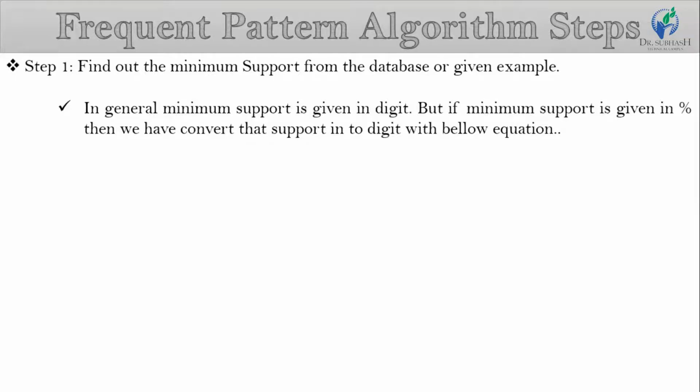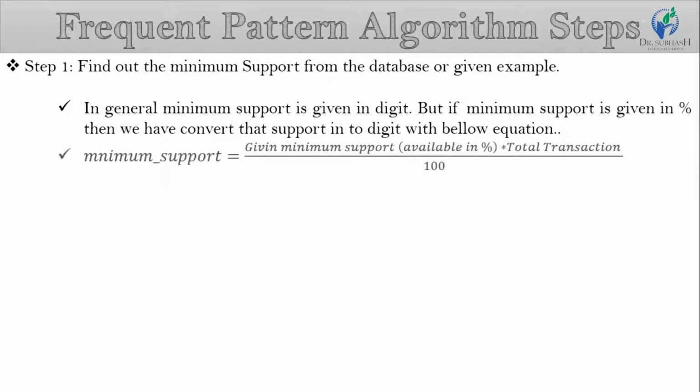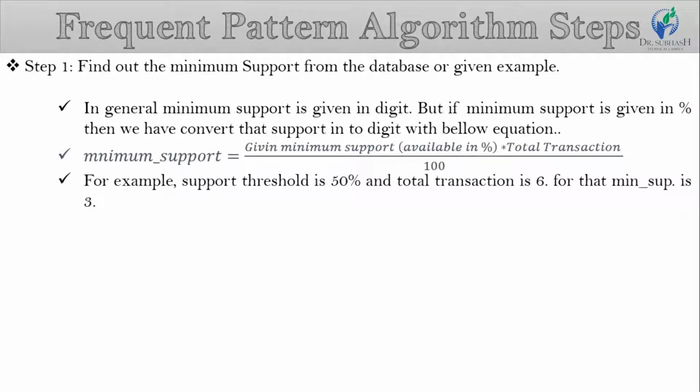The equation is: minimum support is equal to given support, which is available in percentage, times total transactions, divided by 100. I explain this with an example: if the support threshold is 50% and total transactions are 6, we put those values in our equation. So we find that minimum support is 3.